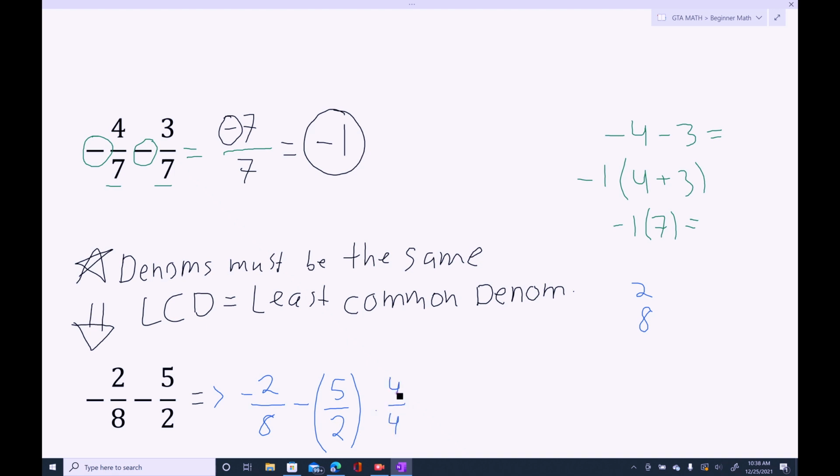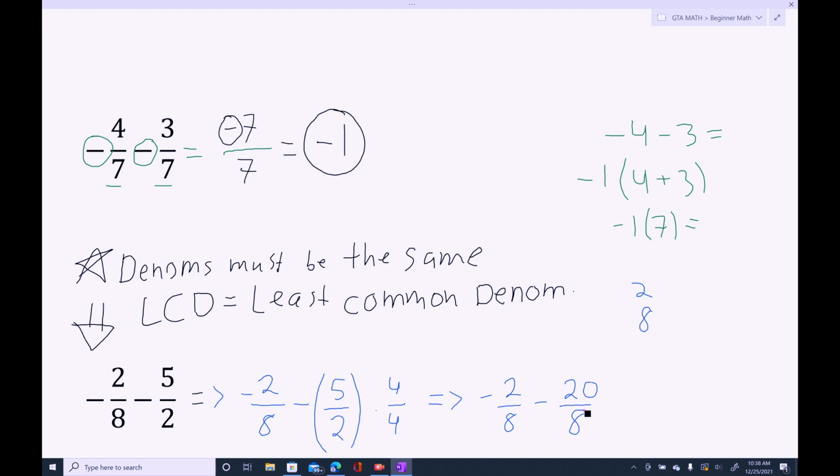Because if 2 times 4 equals 8, that's going to give us the same denominator on both sides. Now we're going to end up with negative 2 over 8 minus 4 times 5, which is 20, over 8.